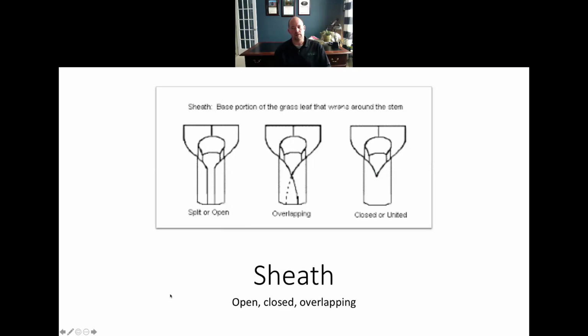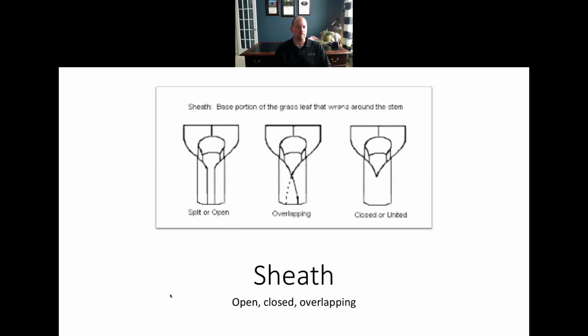So the blade sheath, again, this is the portion of the blade of grass that actually wraps around the stem. So again, it originates at the node, but it is the portion of the blade of grass that is still tightly wrapped around the stem.